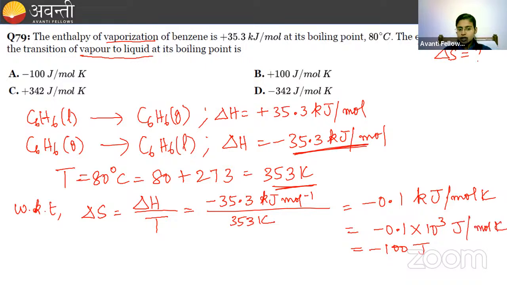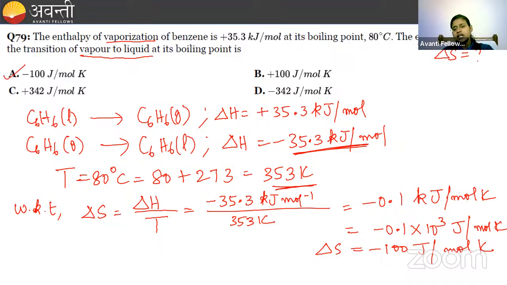Therefore, delta S is equal to minus 100 joule per mole per Kelvin. This is the answer. Option A is the correct answer for this question.